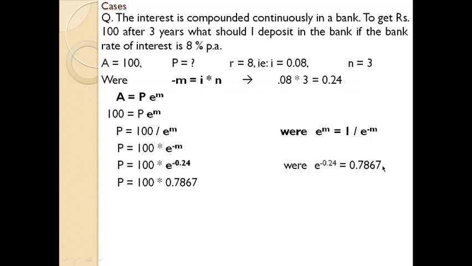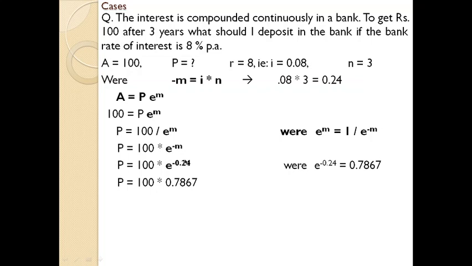But in this case we did that already. Here it was 100 divided by e raised to m, but after substituting in the equation, the position and the sign also changed.